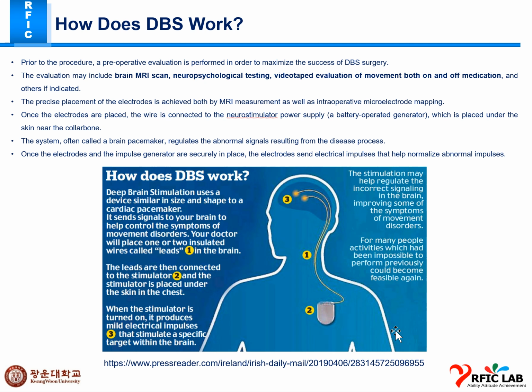Once the electrodes are placed, the wire is connected to the neurostimulator power supply. Then the system works like a brain pacemaker and regulates the abnormal signals resulting from the disease process. The electrodes send electric impulses that help normalize the impulses. This figure I got from this link.